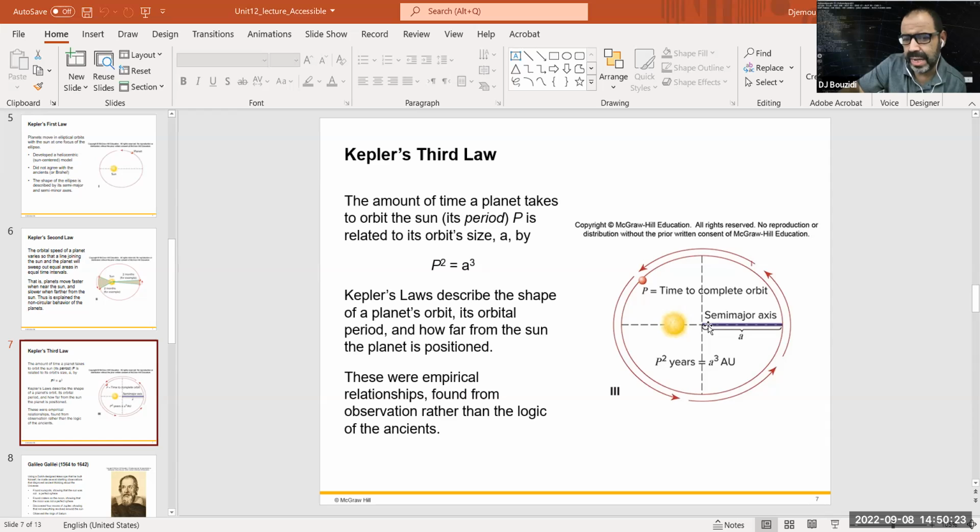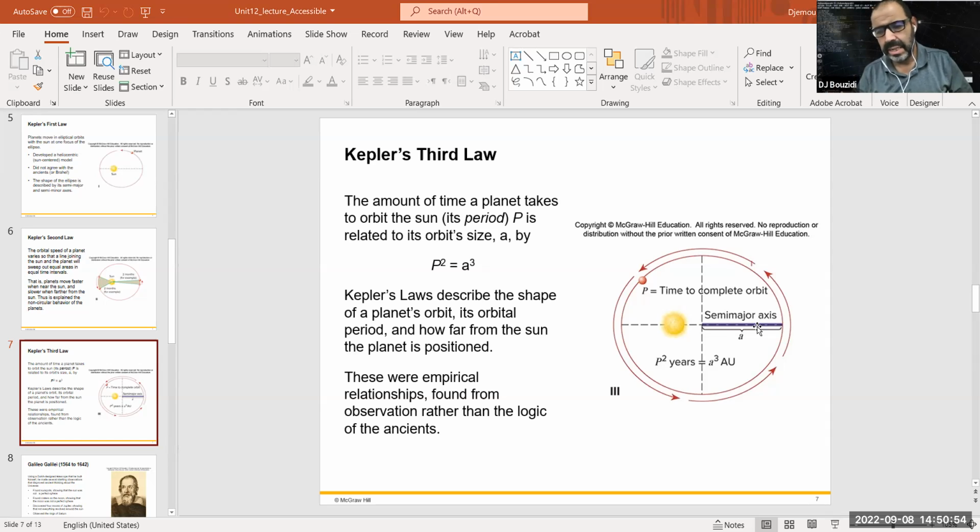Again, it's the semi-major axis, not the semi-minor axis. It's the semi-major axis, the distance from the center of symmetry, not from the sun, I'm sorry, but from the center of symmetry toward the planet, when it's either at its maximum or its minimum distance. What you can say is you take this whole major axis and divide it by 2.